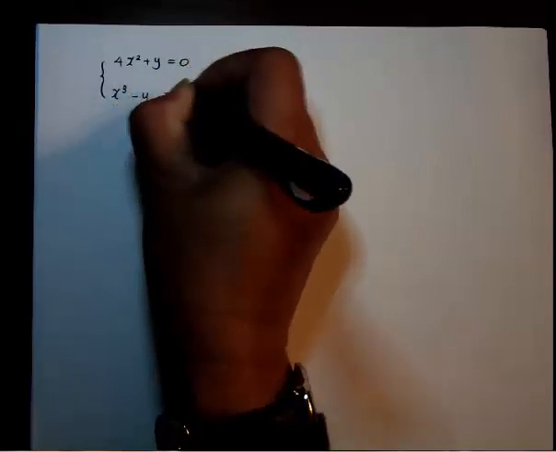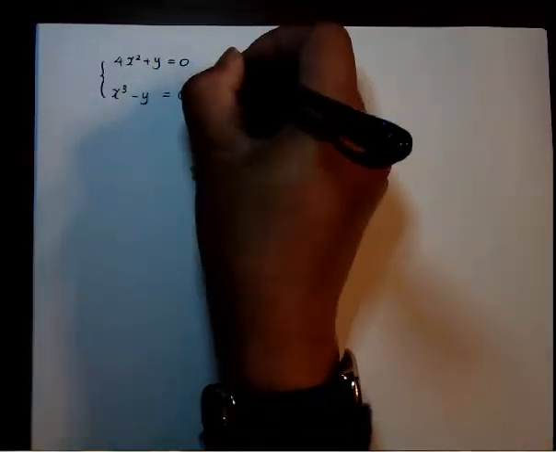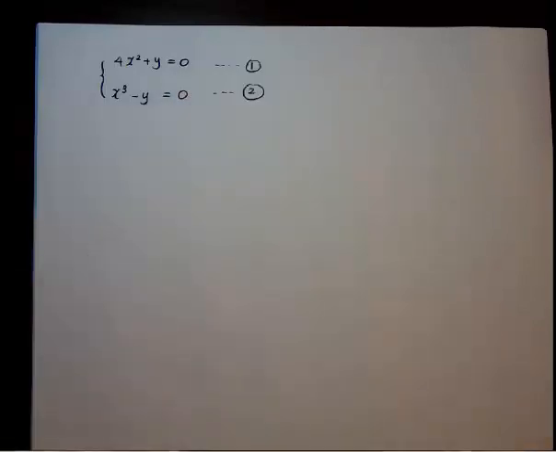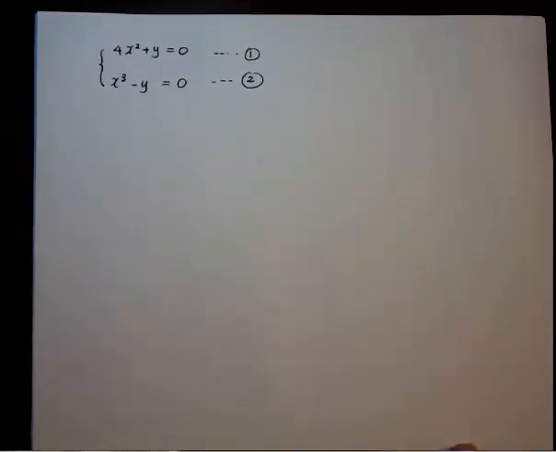Another nonlinear system, where the first equation is 4x squared plus y equals 0, and the second equation is x cubed minus y equals 0. All right. Don't be scared. Even though both equations are nonlinear, one is x cubed, eventually it will work out.